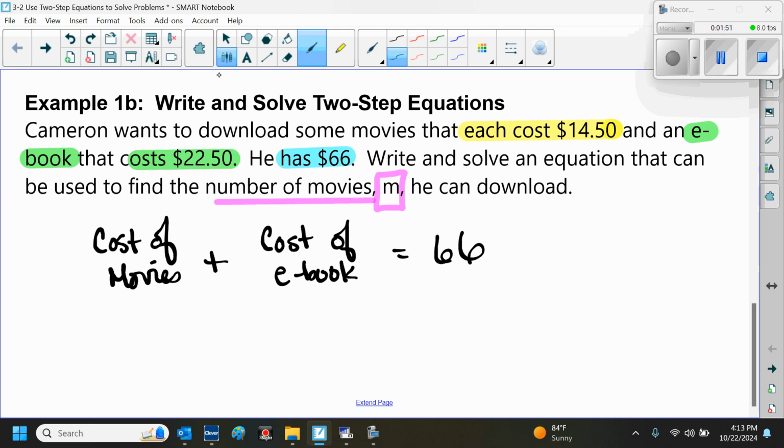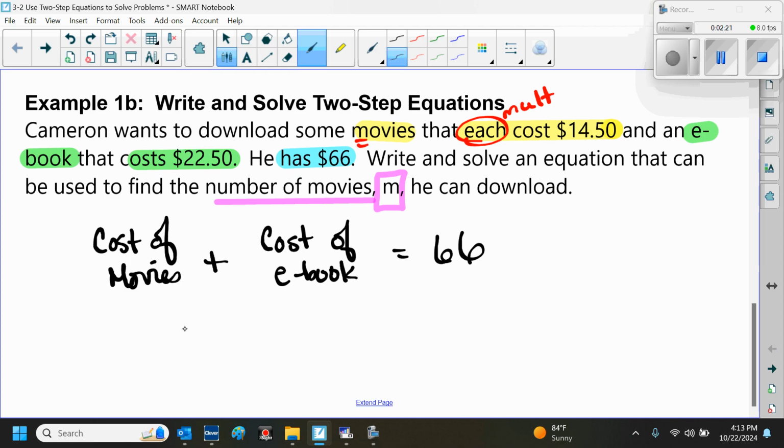So now we want to put in our numbers. So the cost of the movies, now the movies cost $14.50 each. So that's for each movie. So we're going to multiply $14.50 times the number of movies.